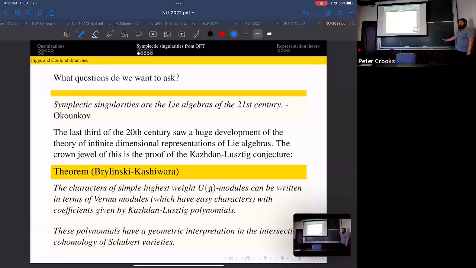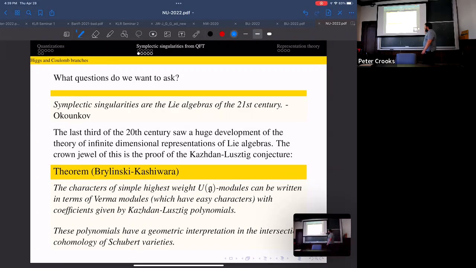And so we can take other symplectic singularities and pretend that there's a Lie algebra that they're the nilcone of, and try to ask all the questions we asked before about Lie algebras, but now about these other symplectic singularities. This is another point where I cut a lot of stuff out of this talk, but the thing I thought was worth emphasizing is this remarkable fact about the representations of Lie algebras.